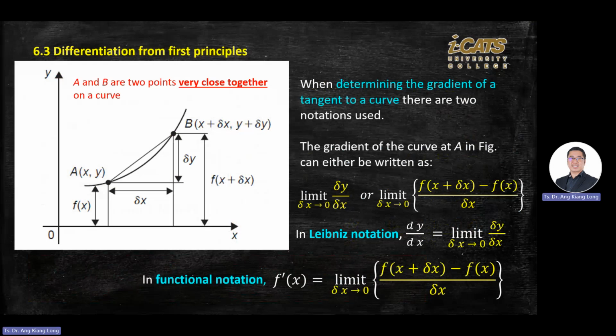F comma is you differentiate something. You have one comma means you differentiate one time. You have two comma, differentiate two times. You have three comma, differentiate three times. Okay, the rest you can just observe. We're not going to test you, but this is just explanation of what is f comma x.